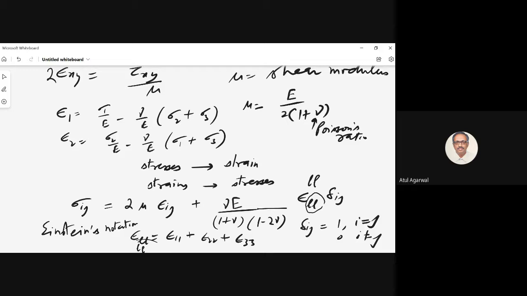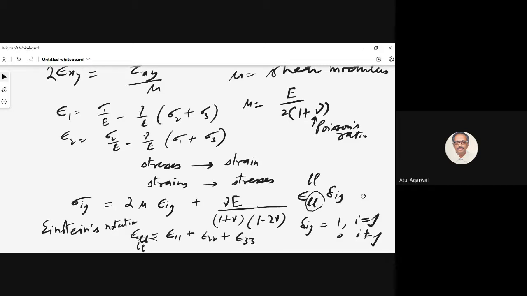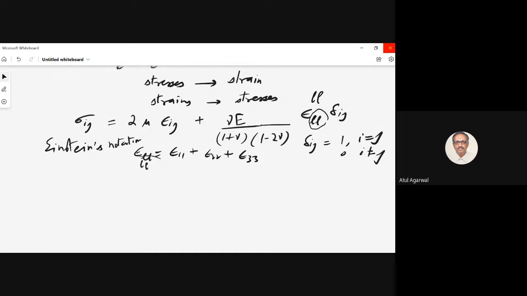So this expression, if you check out, when you did the case of uniaxial load, when you applied uniaxial load, you did it in 12th standard also. You applied load. So this was your sigma 1, for example. So you had stresses as sigma 1, 0, 0. These were your principal stresses.